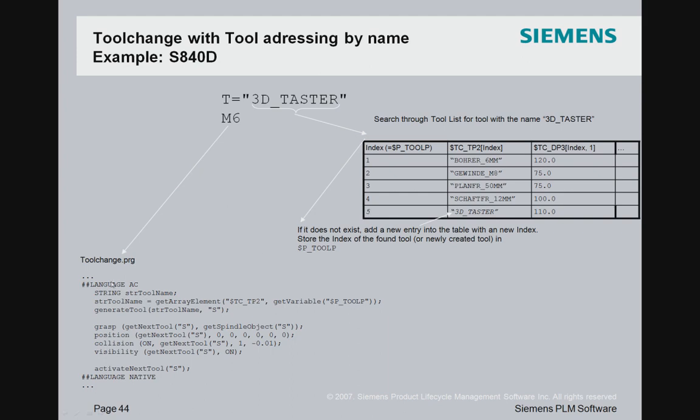So then the AnyController program will need to get access to the array $tctp2, so that's this one, and the index that we want to access is stored in $p tool p.